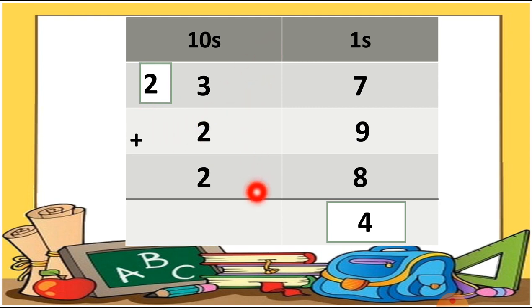Now let's move to the tens column. Here 2 plus 3 plus 2 plus 2. These 4 digits we have to add together at the tens column. Now the answer for the tens column is 9 and the final answer is 94. So this way we can add the numbers, and you have to write these types of sums in your notebook.